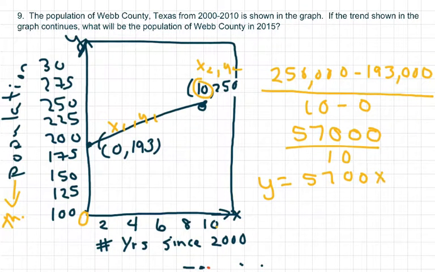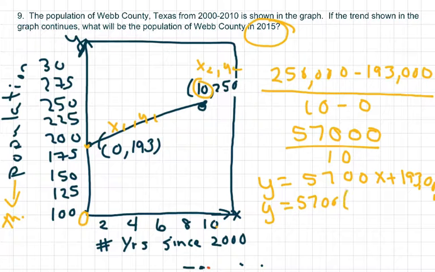So you get y equals 5,700x plus your y-intercept. And your y-intercept is 193,200. Then all you do is plug in your 5, because it says what will it be in 2015.